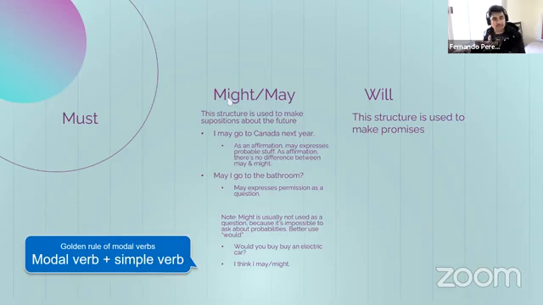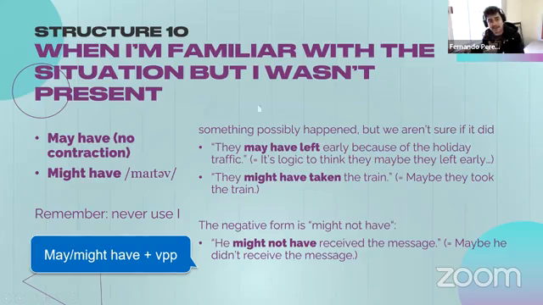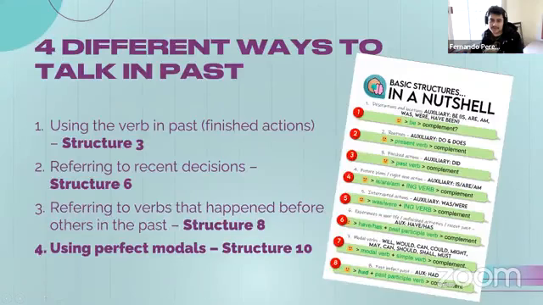Right? In simple form, it's might plus simple form, may plus simple form, will plus simple form. And when you collocate may have, it needs a verb in past participle. This is an obligation from the basic structures. Look at structure number 6, and it is have and has plus past participle.